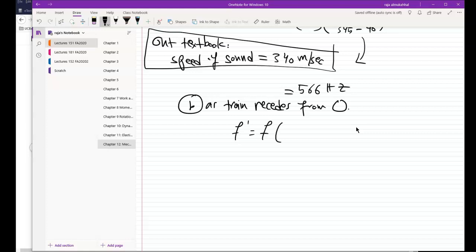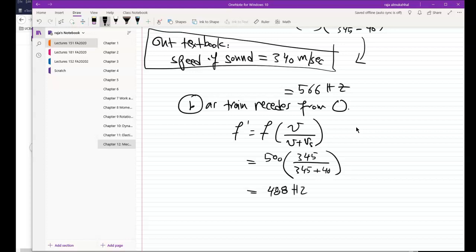So it will be v over v plus vs, and then we just plug it in. So it's going to be 500 times 345, again, use 340, over 345 plus 40. And then you're going to get a lower pitch, and that will be 488 hertz.